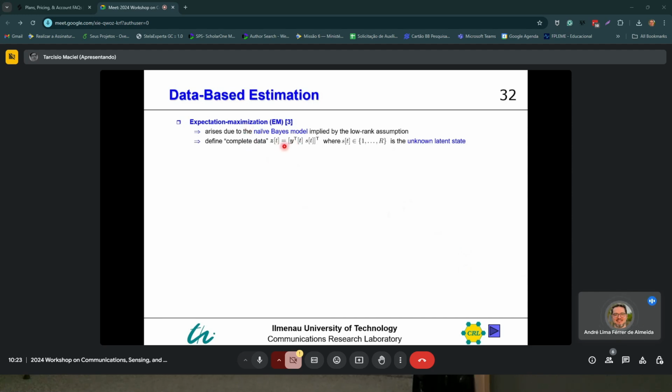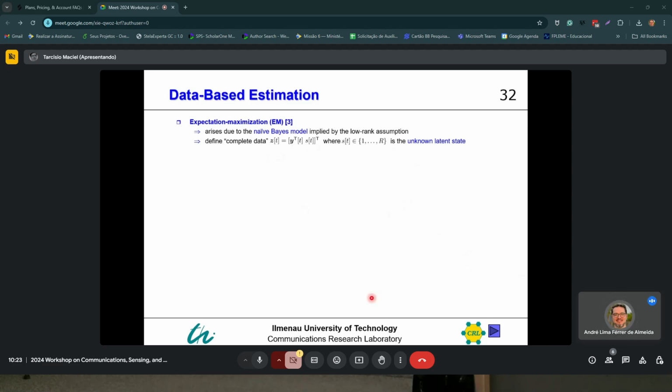It consists of the observed data Y of t and S of t. S of t is the unknown latent state, right, so it's unobserved. And then the EM algorithm is a generic method for computing the maximum likelihood estimate of this incomplete data problem by formulating an associated complete data problem and then exploiting the simplicity of the maximum likelihood estimate of the latter to compute the former.